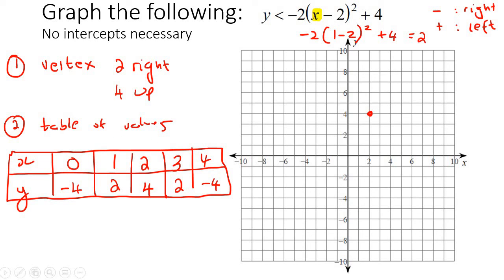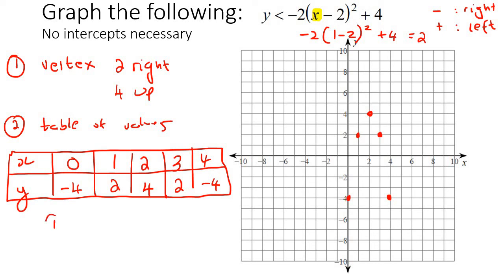And that's it. Now we just plot the points quickly. So 0 and minus 4. There you are. 1 and 2. 3 and 2. There we go. And then 4 and minus 4. Now, we need to know whether we're going to use a solid or dashed line, and whether we're going to shade above or below.